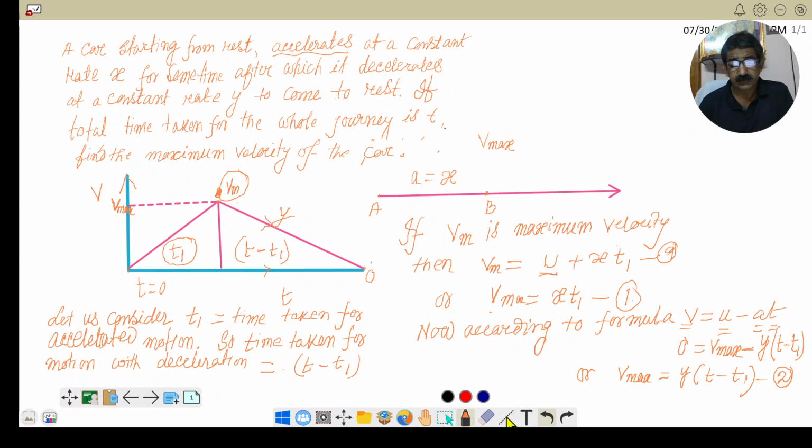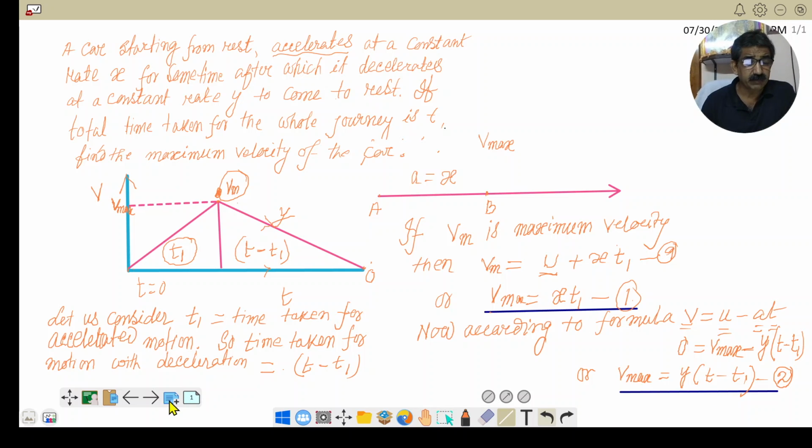Now we have two equations, equation number one and equation number two. We write these two equations separately on the next page.